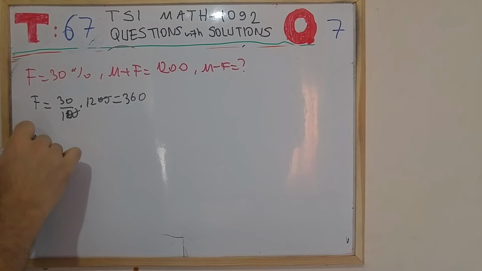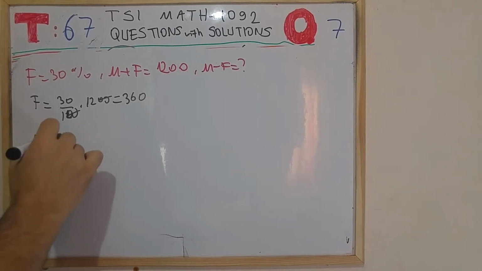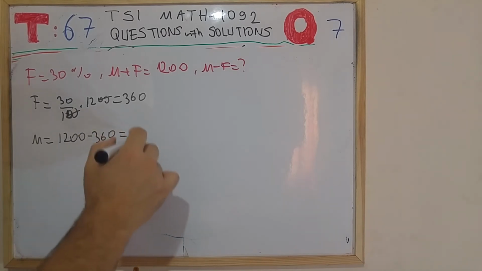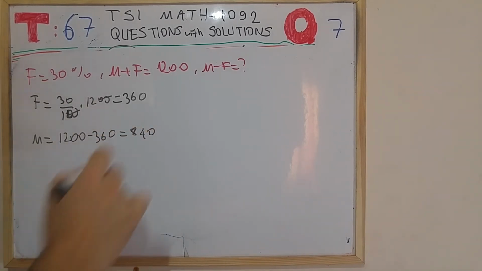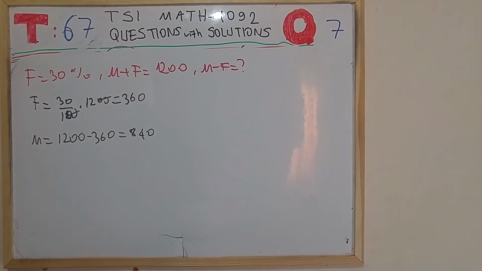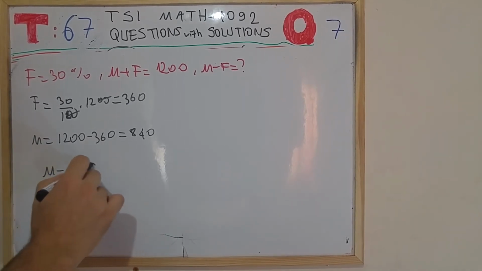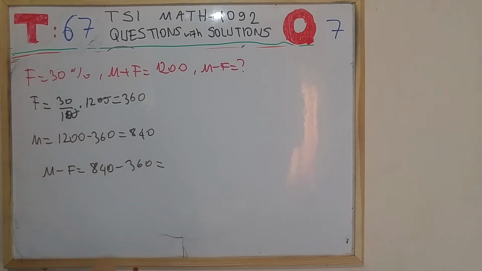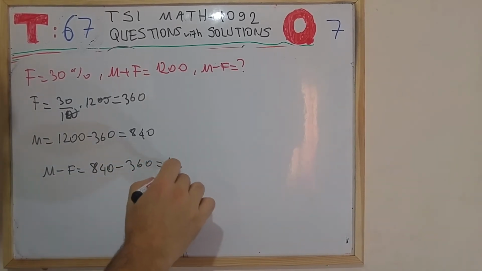So the number of male students is equal to 1200 minus 360, which is equal to 840. There are 840 male students. What they are asking me is the difference between male and female students. So what I need to do is to subtract these two figures. 840 minus 360 is equal to 480.